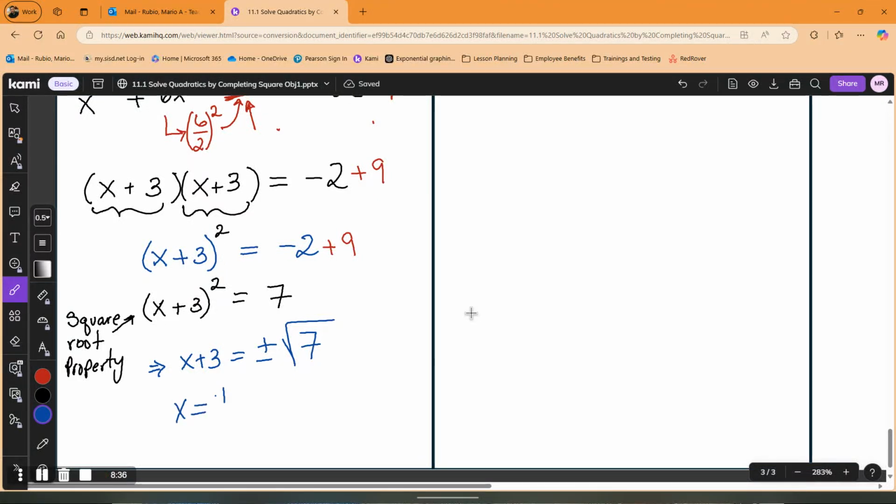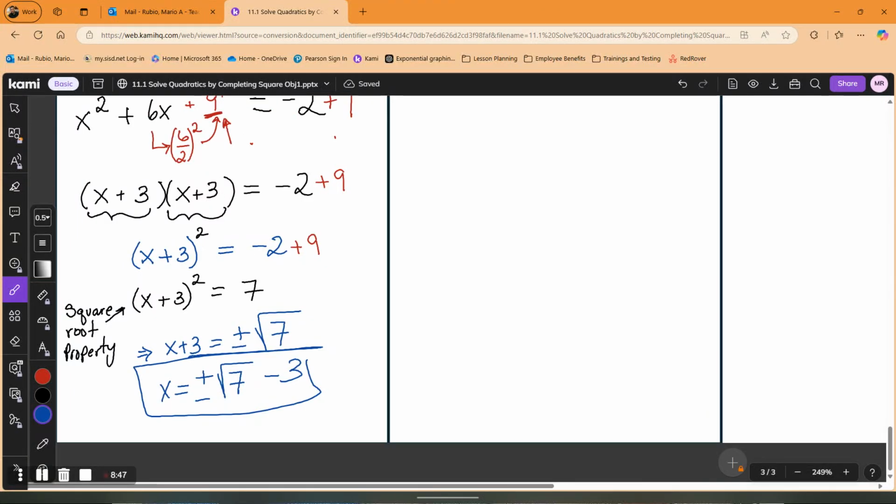X equals plus minus square root of 7 minus 3. There's no more simplification I can do to that square root of 7, so I'm going to have two answers. X equals plus square root of 7 minus 3, and x equals negative square root of 7 minus 3. And those are my two answers.